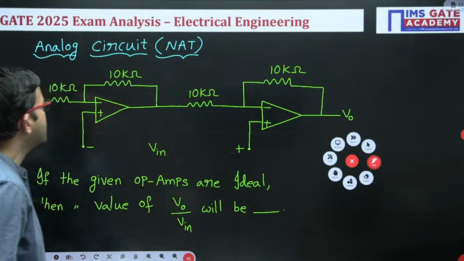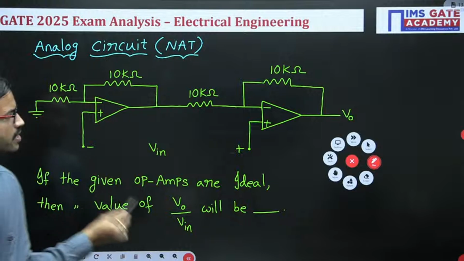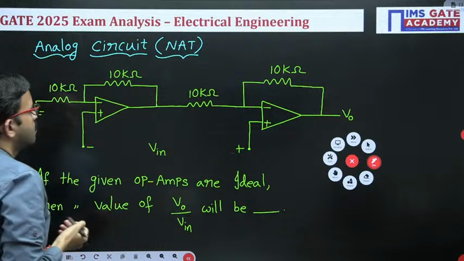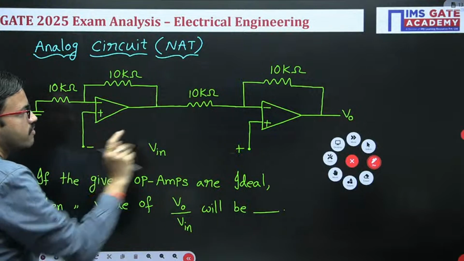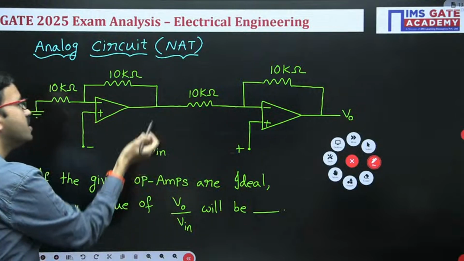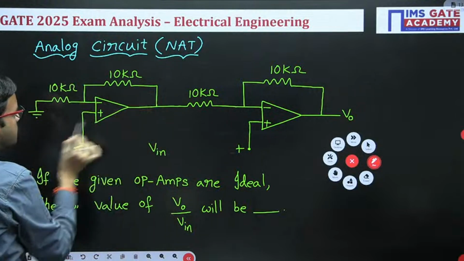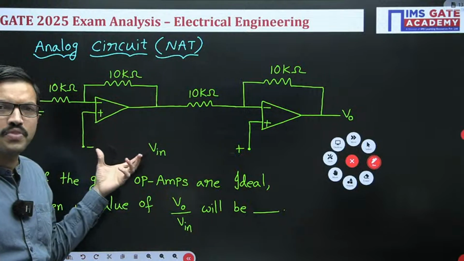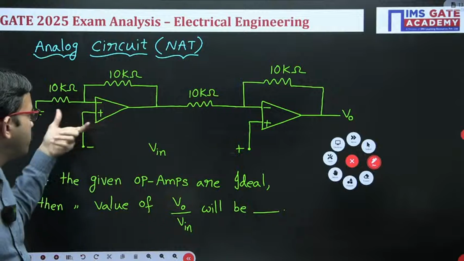So just observe here in this particular question. Say for example, when you don't have this circuit, and with the help of only this circuit, if you observe this part of the circuit, what is it? Inverting op amp. Yes or no? Inverting op amp.